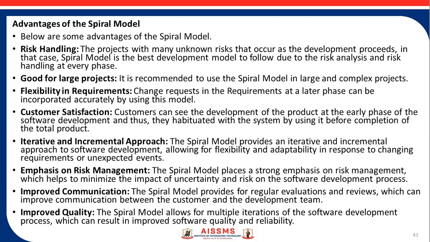Then an iterative and incremental approach: the spiral model provides an iterative and incremental approach to software development, allowing for flexibility and adaptability in response to changing requirements or unexpected events.